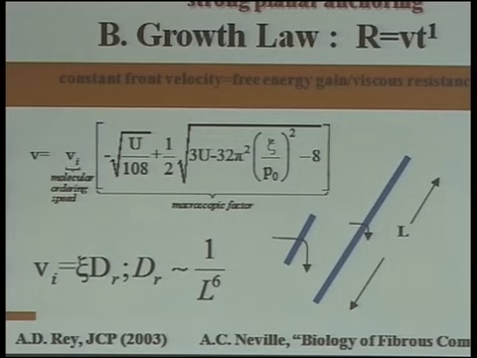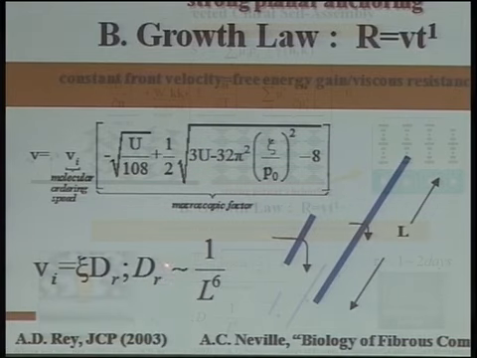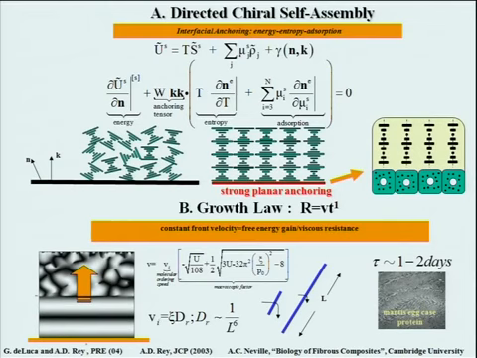So as this front moves up, the rods have to realign. And that is described by a rotational diffusivity. And from polymer science, we know that the rotational diffusivity is very sensitive to molecular length, L to the 6.